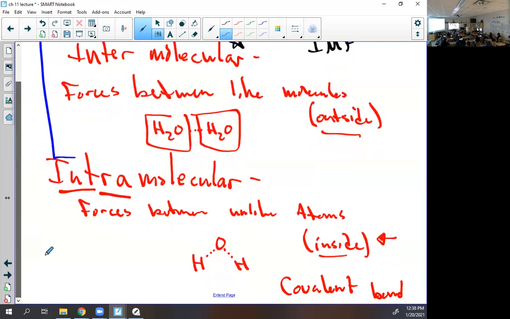Inside means it's the bonds inside the molecule. Outside means it's interaction between two things on the outside. So, how a water molecule affects another water molecule. So, not inside the bonds itself.